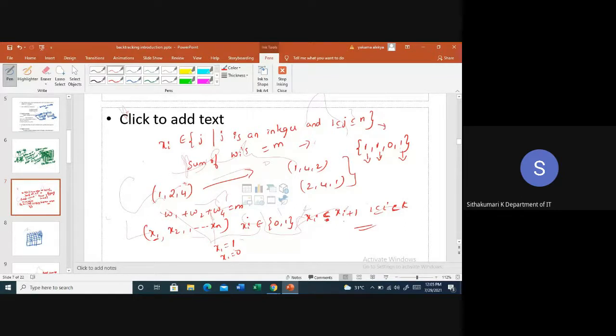There are several ways to formulate a problem, and you can follow any one. This is also one more application of backtracking. Likewise, you can go for the graph coloring problem and the knapsack problem. There are several applications with which we can solve this: the N-queens problem, the sum of subsets problem, and so on.